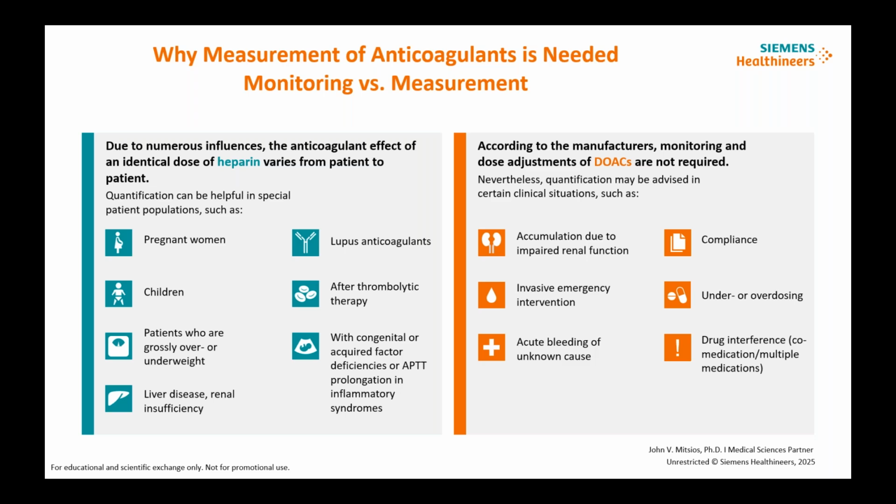A compliance perspective, right, to ensure that these patients are properly anticoagulated if there is a concern that they're not being properly anticoagulated. And of course, under and overdosing, right, making sure of those extreme changes in body weight, either overweight or underweight, making sure that the anticoagulant that's there is in the appropriate amount to ensure that the patients are properly anticoagulated.